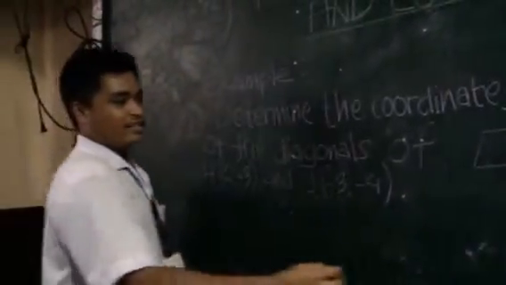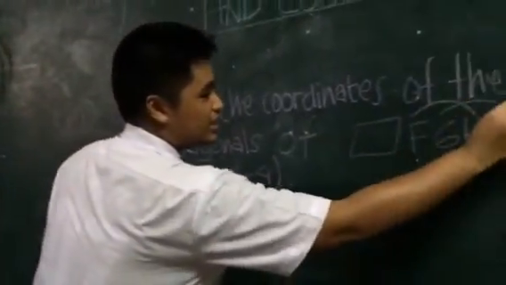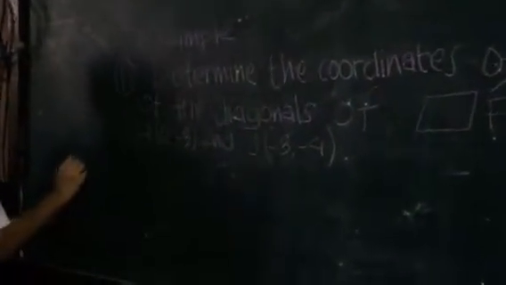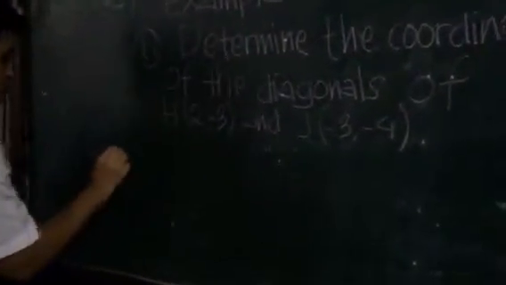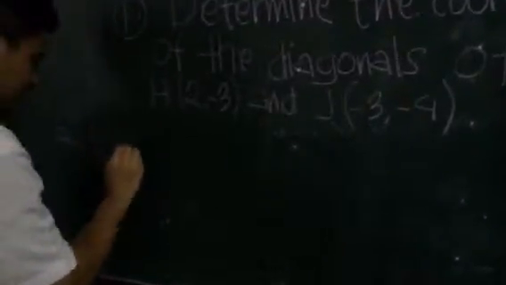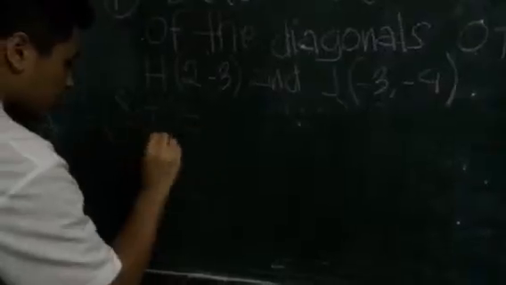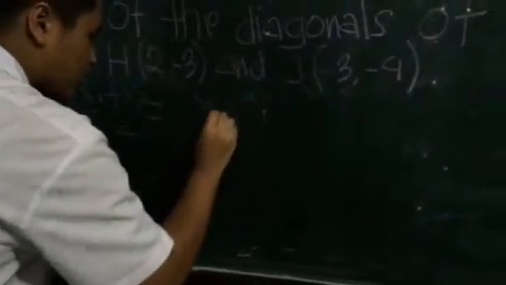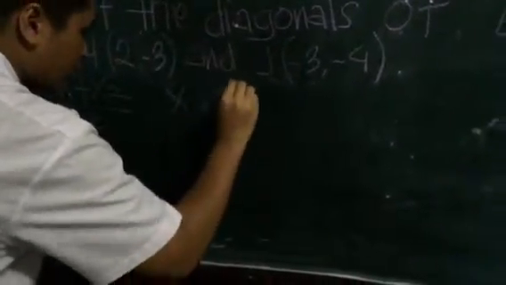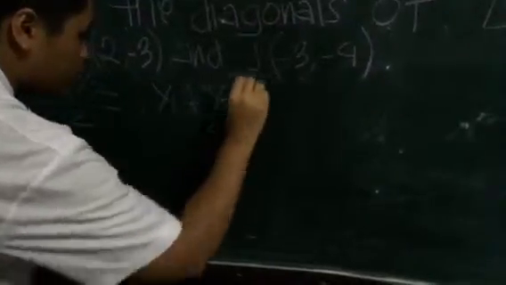Next, we are going to find G and J. The same thing, we use the midpoint formula: x sub 1 plus x sub 2 over 2, and y sub 1 plus y sub 2 divided by 2.